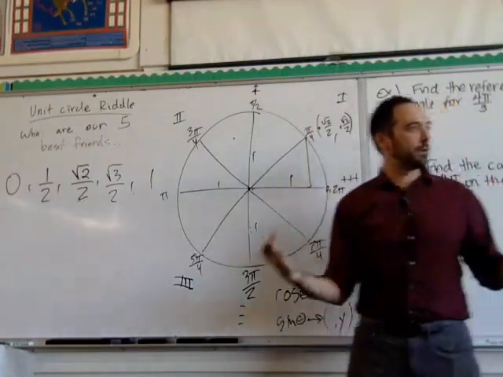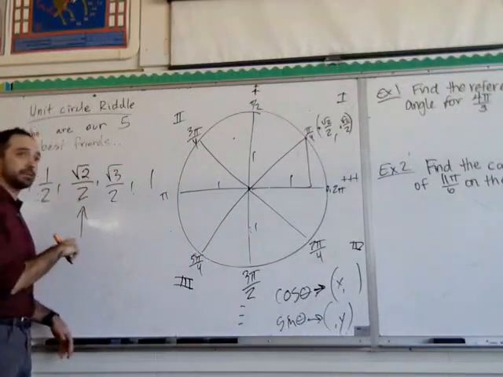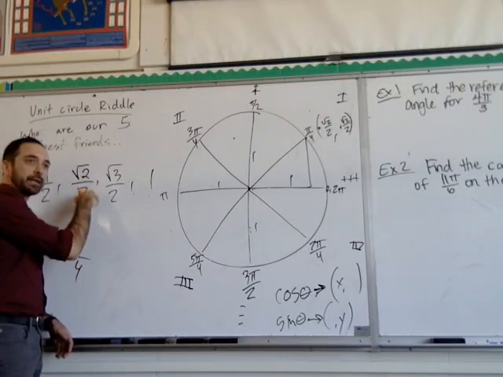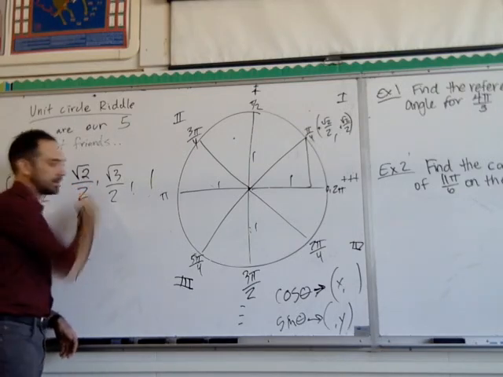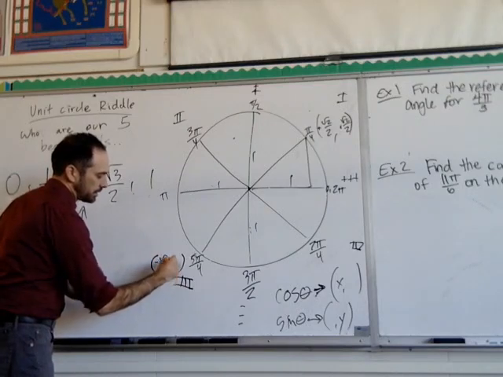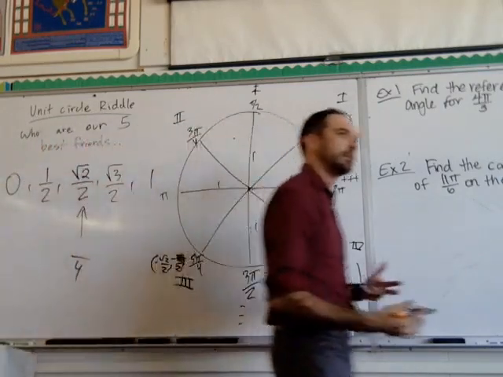They're the spokes that are the quarters, right? All of our thetas that have a 4 on the bottom, that's the only friend they can have. It's going to be positive or negative. But I know this one over here is negative root 2 over 2. It's related in that way.